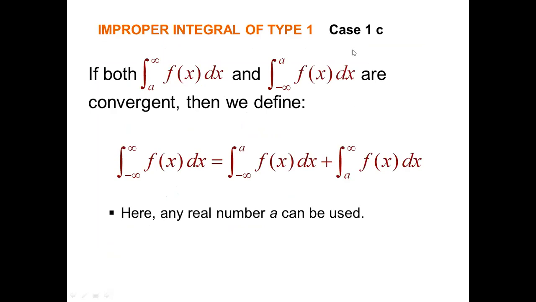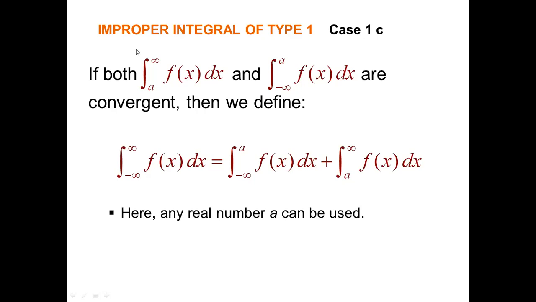Now, what about case 1c? In case 1c, as I said, your limit of the integral is not just one infinity, but rather both limits of your integral are infinity. In case 1a and case 1b, only one of your limits of integration is infinity.